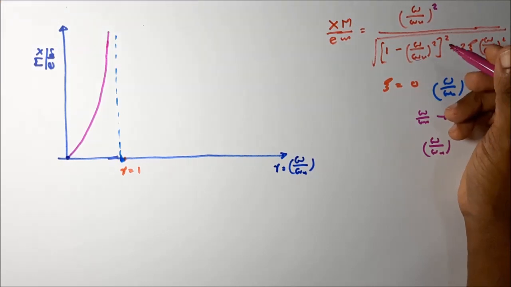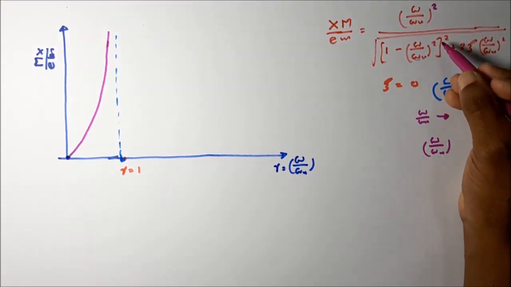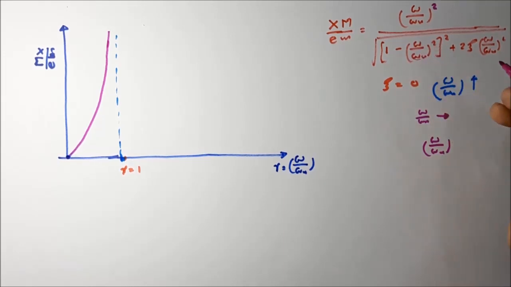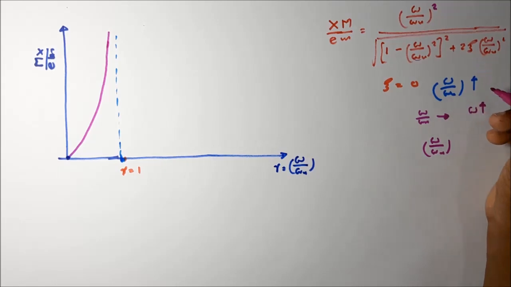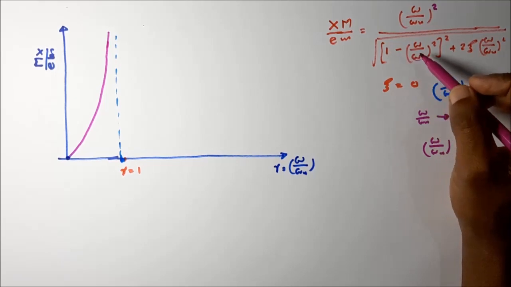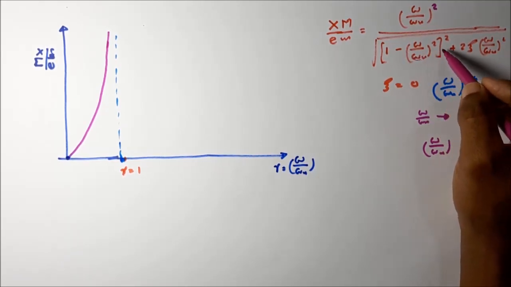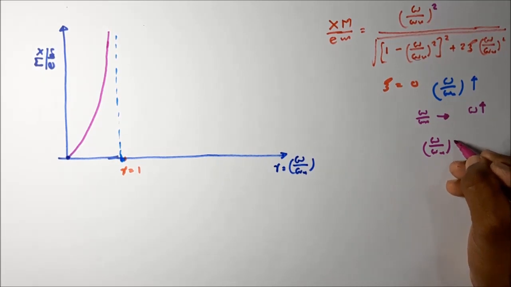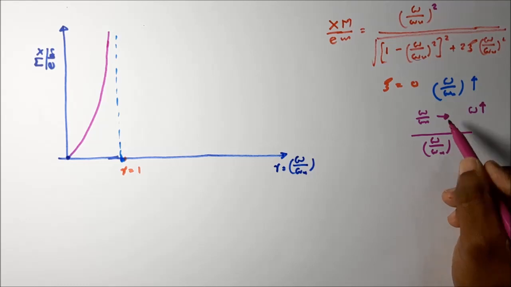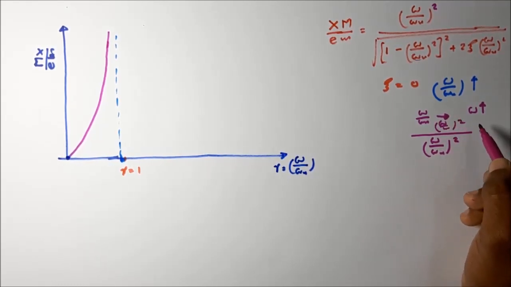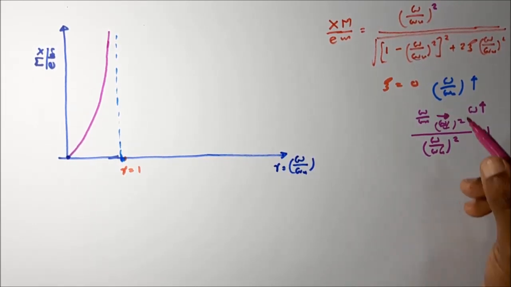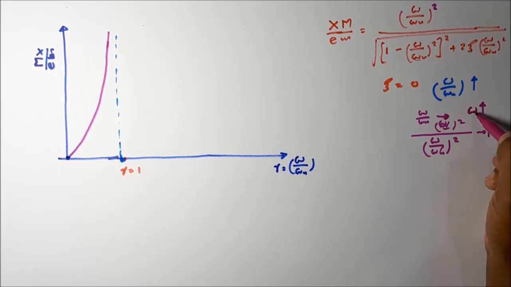Then what happens for higher values of rotating frequencies? This part is dominant compared to the 1, so we can neglect the 1 in here. In the denominator we are having the omega divided by omega n term squared, and in the numerator we are having omega divided by omega n squared. So finally we are reaching to the 1 when increasing omega.